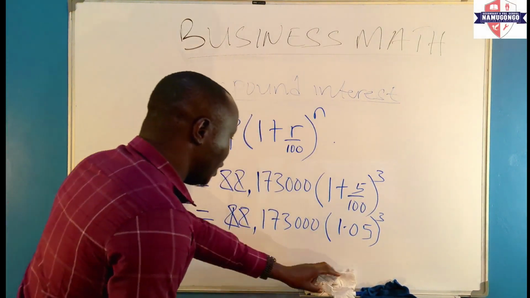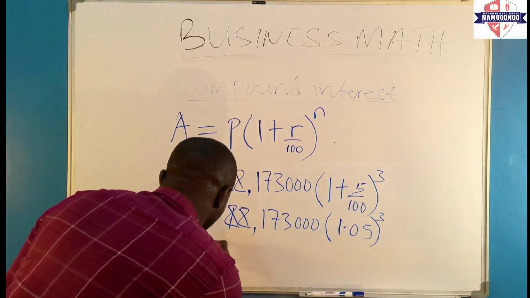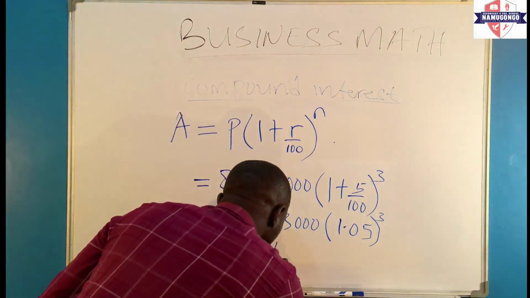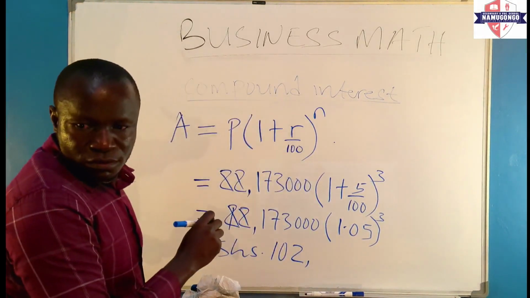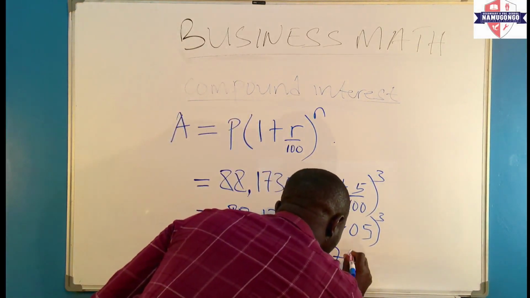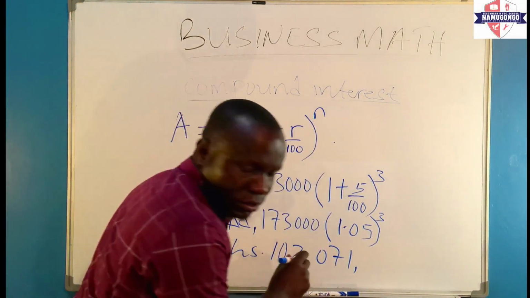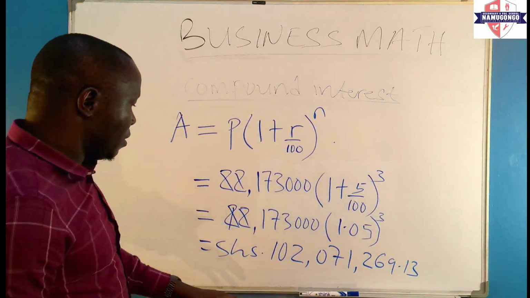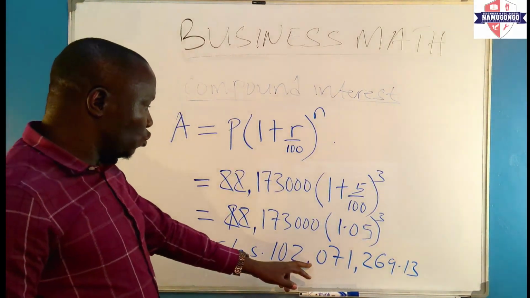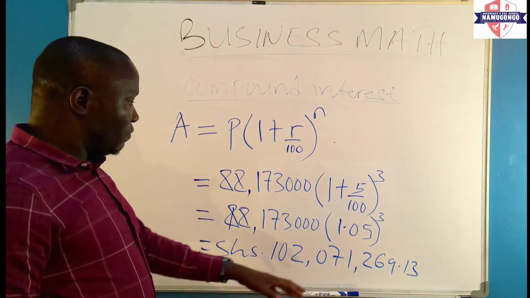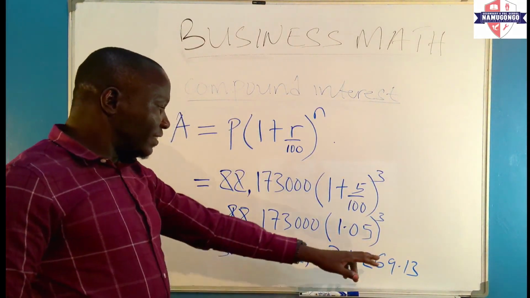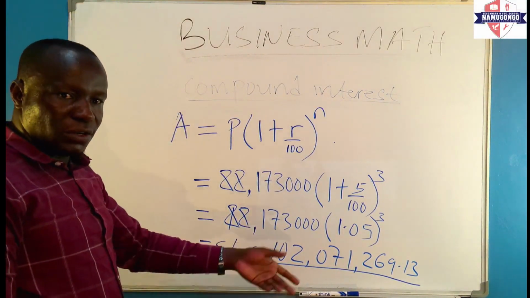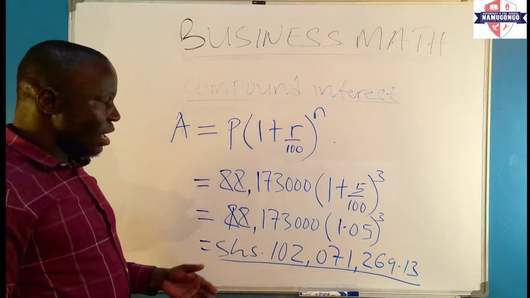And when you use your calculator and you compute, you'll be able to get your answer as 102,071,269.13. This is going to be the amount of investment. Or this is the amount that someone is going to earn after 3 years.